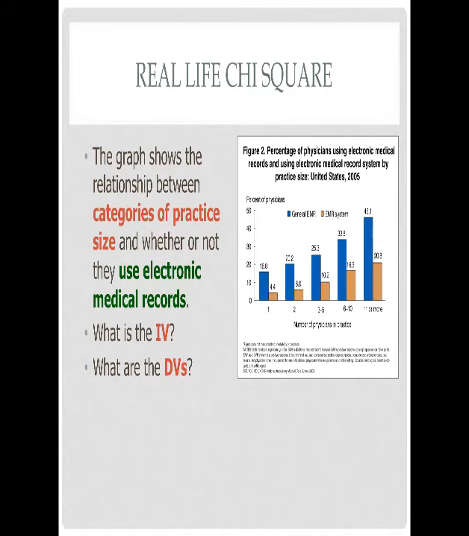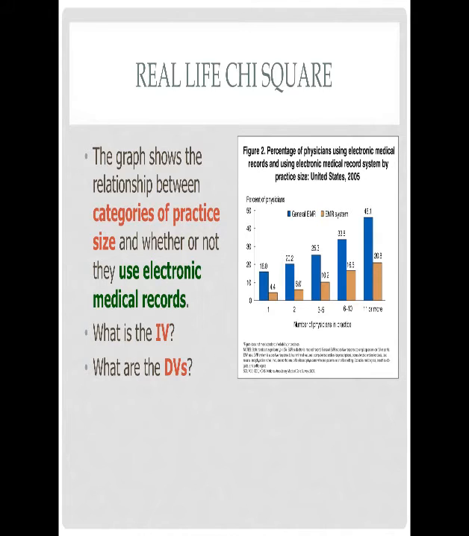Now, when do you see a real-life example using chi-square? Many, many applications. Here, for example, we have a scenario of the number of physicians in practice, how large a practice is, and the utilization of electronic medical records. So, could you tell me which one is your IV and which one is your DV here? Remember, your IV is always going to be on the x-axis, and your DV, the outcome, is always going to be your y.